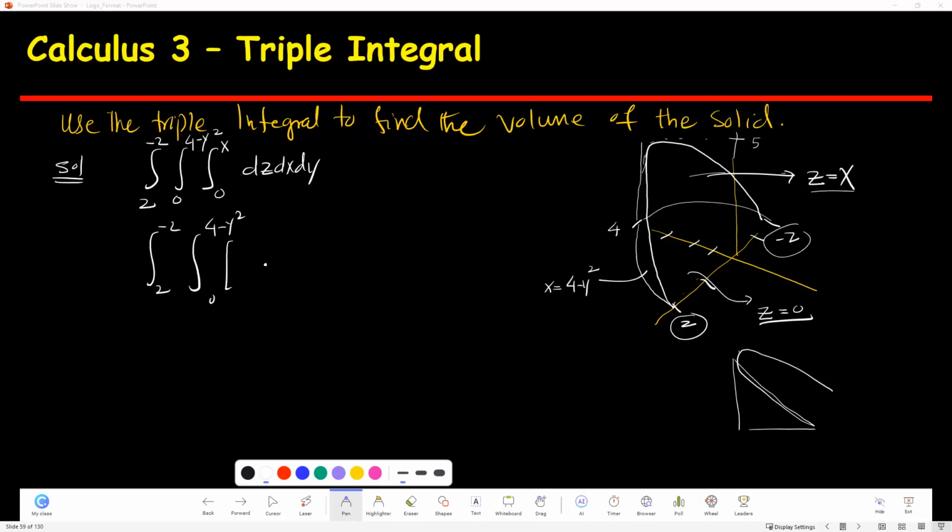If I solve the inside one, it's going to be z, then x, then 0. I'm going to apply this limit directly, so it's just x.